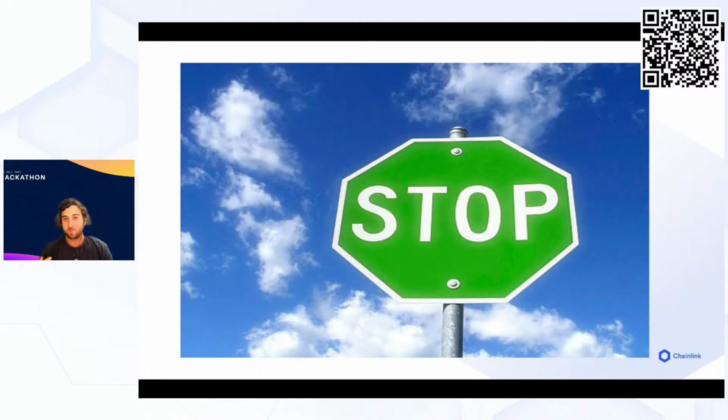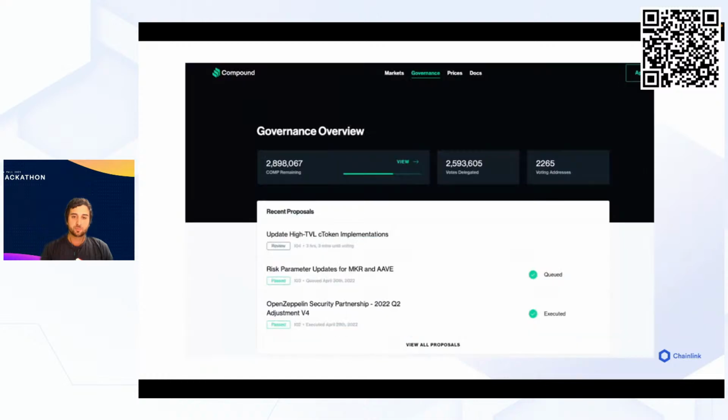So think about variables. We can deploy a smart contract with variables set to certain values, but we can change those values later on if the code allows us to. A really basic form of upgradable smart contracts is governance. Governance is really a type of upgrade.